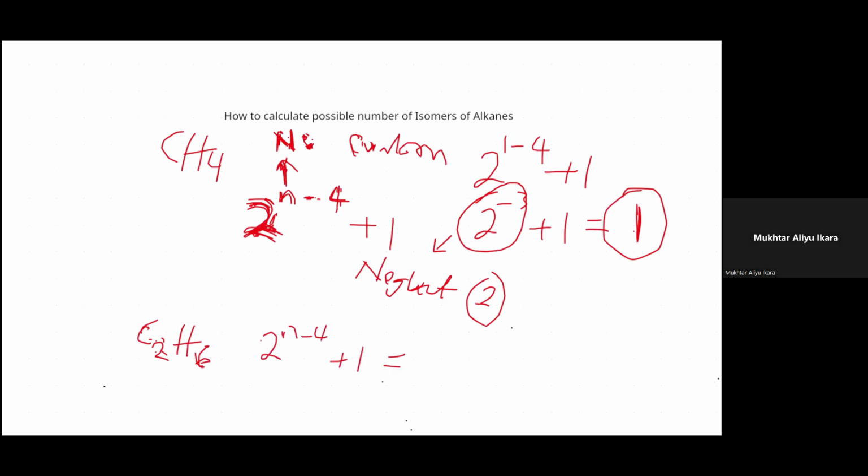So we have 2 raised to the power of 2 minus 4, plus 1, which is 2 raised to the power of minus 2, plus 1. This is negative, so we also neglect it. The number of isomers of ethane is 1. It has only one structure, which is why we said it doesn't have isomers.